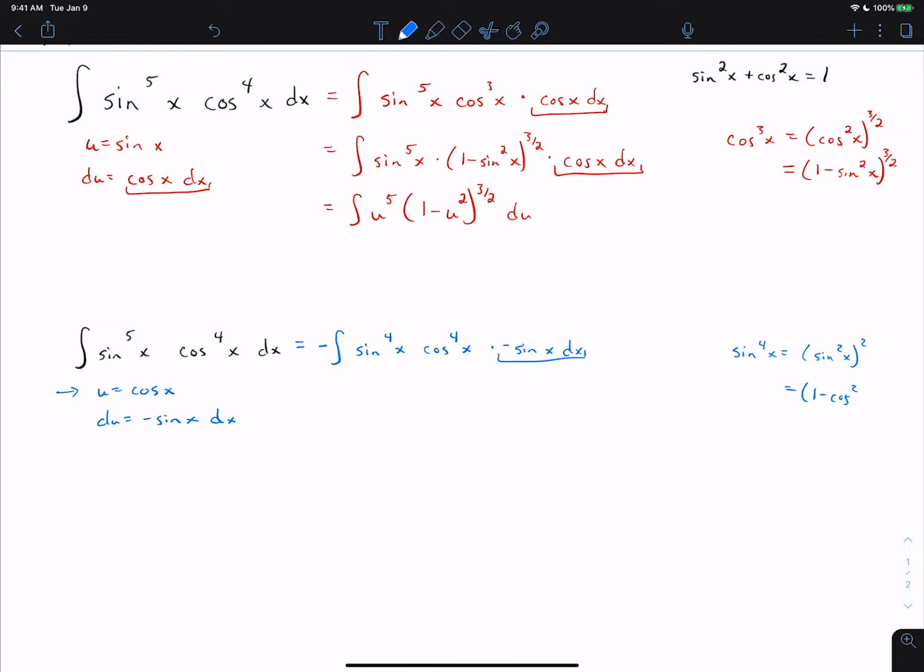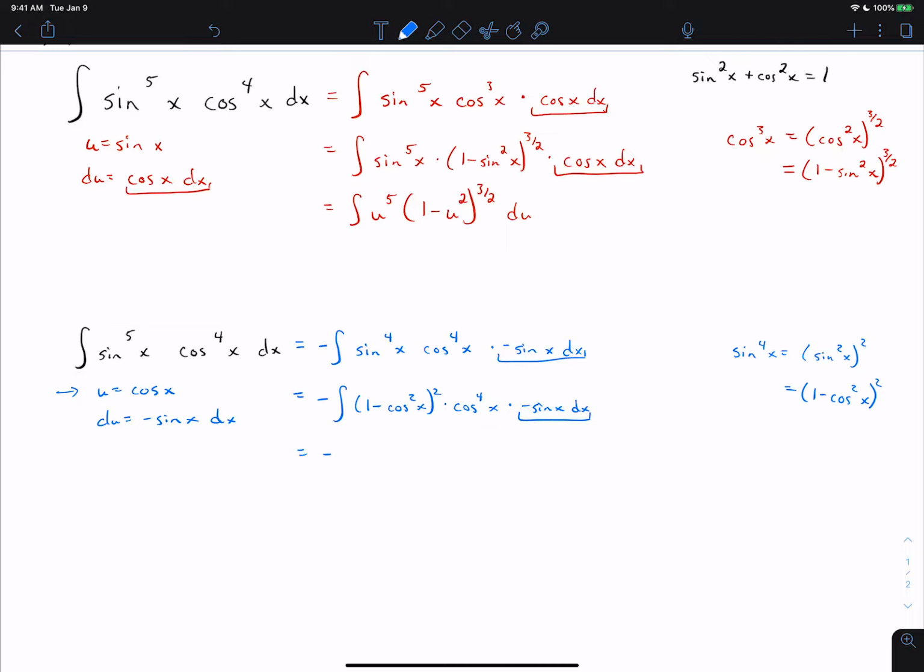It's called the Pythagorean identity for sine and cosine. So 1 minus cosine squared x squared. And so we're going to use that expression in the integral. So sine to the fourth of x gets replaced with 1 minus cosine squared squared, times cosine to the fourth, times negative sine x dx.